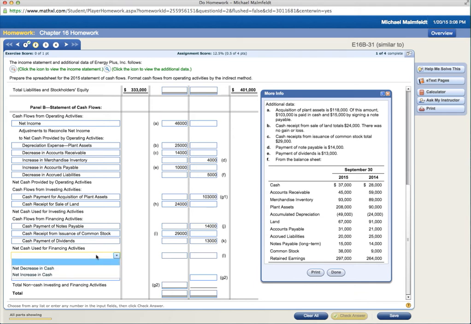Okay, so now we're going to calculate overall, was there a net increase or a net decrease in cash? I don't love how this is labeled here, but this is basically looking at all of these sections. So overall, in the statement of cash flows, was there a net increase or a net decrease in cash?